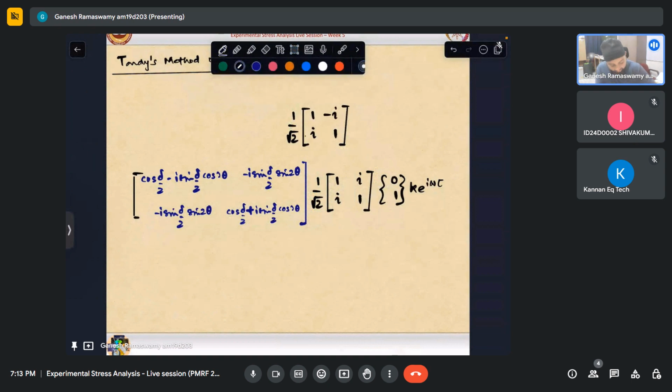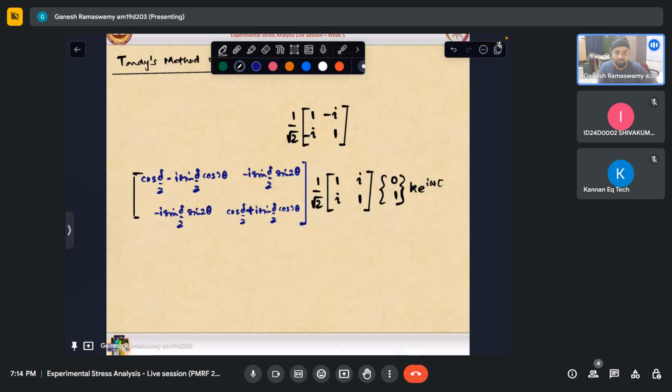And let this be crossed. So when it is crossed, I just need to put a minus sign there. Then I have my analyzer. And we saw analyzer, let it be at some arbitrary angle beta. So this will be cos beta, minus sin beta, cos beta.